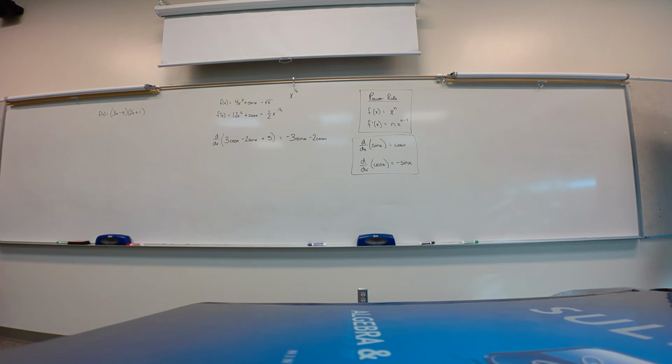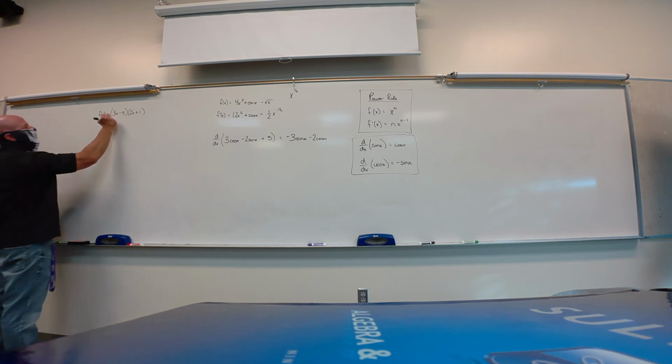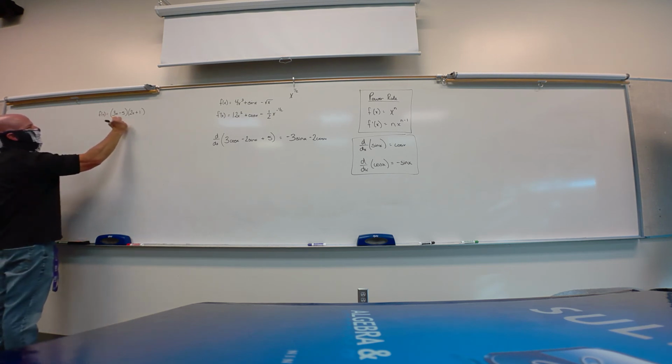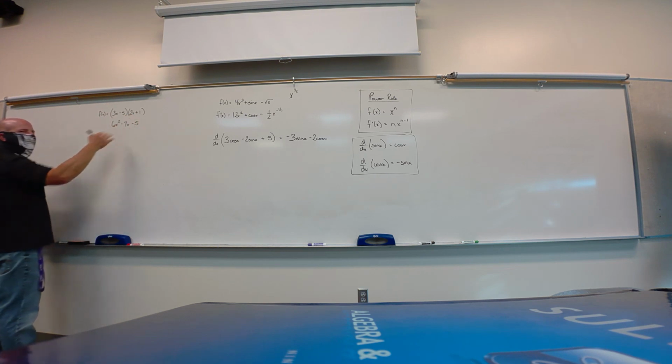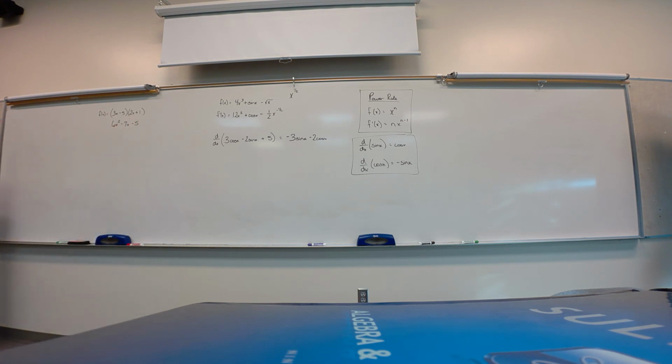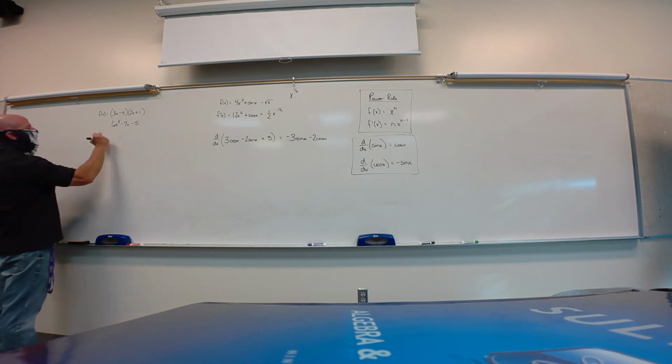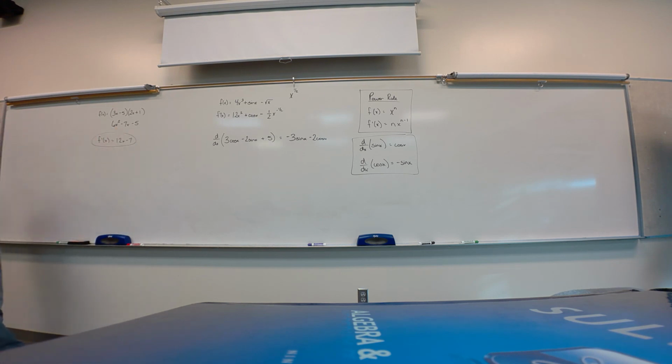So even in a situation like this, sometimes we need to actually rewrite it. 6x squared minus 7x minus 5. I need to know what I'm working with. We can multiply it out. Now I'm back to that polynomial. F prime of x, 12x minus 7. Everybody okay there? All right. So sometimes you got to do some rearranging just like you would on a radical function.